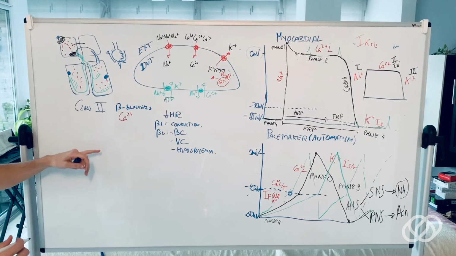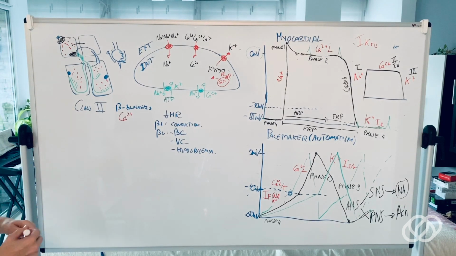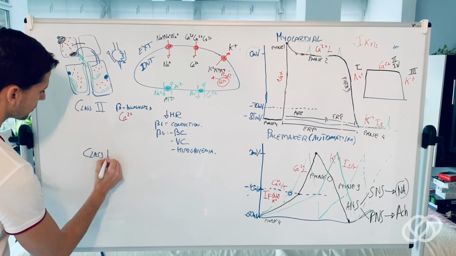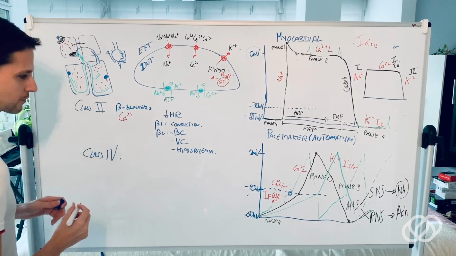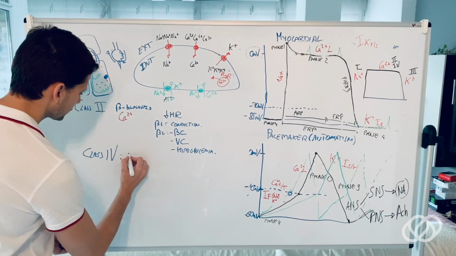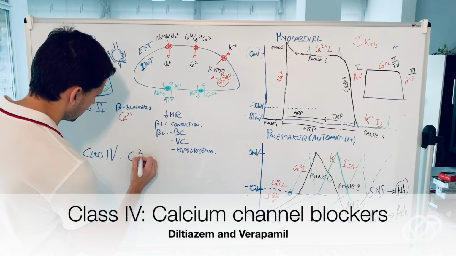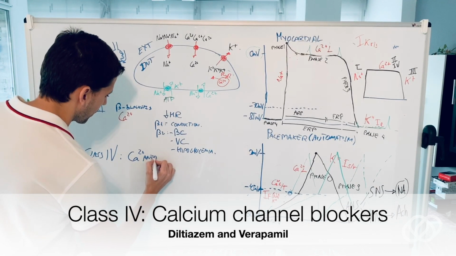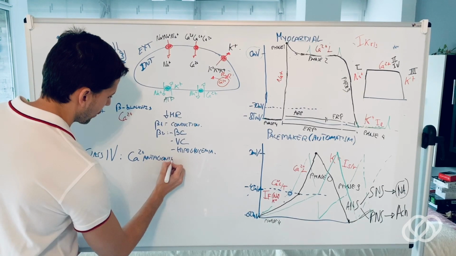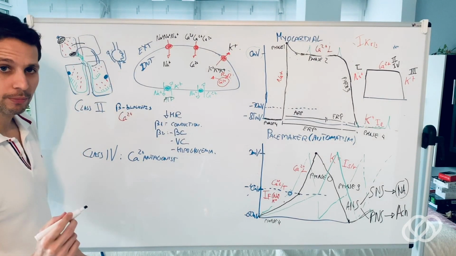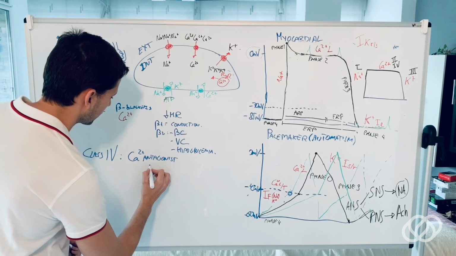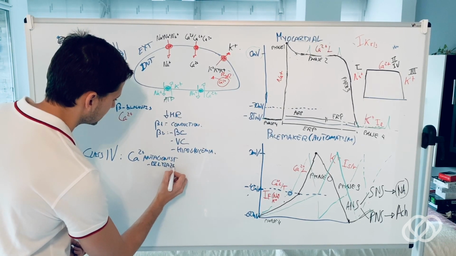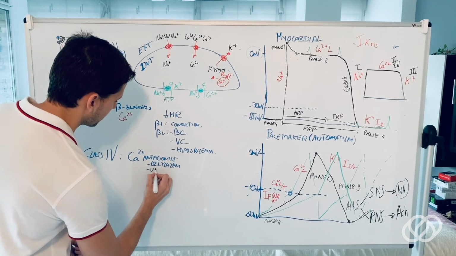Then we are going to skip class 3 and go right to class 4, because they are pretty similar, you will understand. Class 4 are basically the calcium antagonists. Not all of them, only the non-dihydropyridine calcium antagonists, which are diltiazem and verapamil.